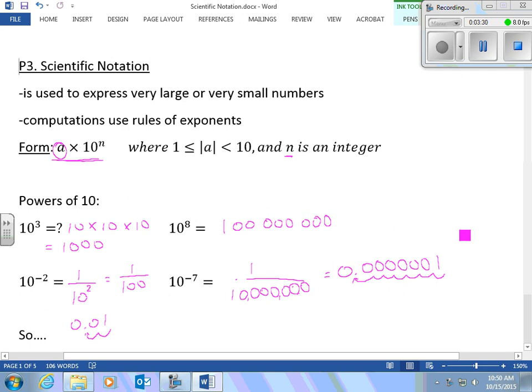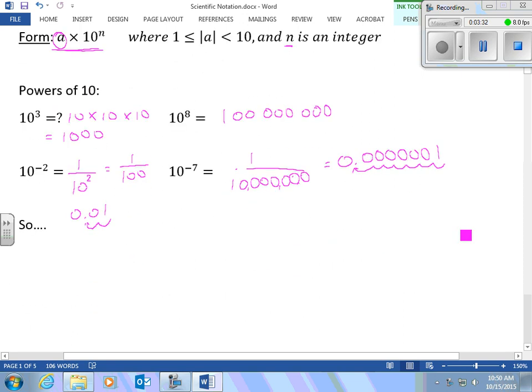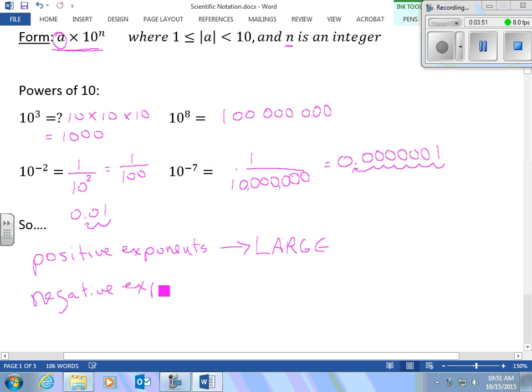Okay, as a little reminder here, we can say that positive exponents give us large numbers, and negative exponents give us smaller numbers.